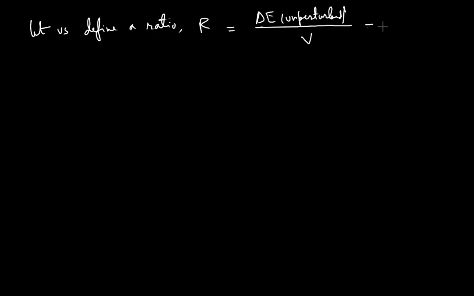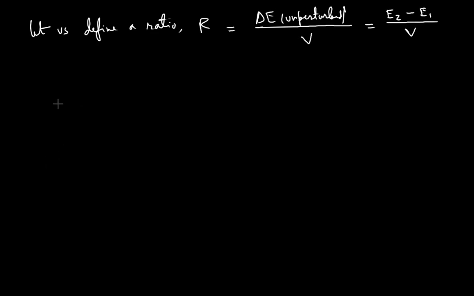Let us define a ratio R, which is defined as delta E unperturbed divided by your interaction matrix V. So basically this is E2 minus E1 divided by V. So let us do the definition, right?